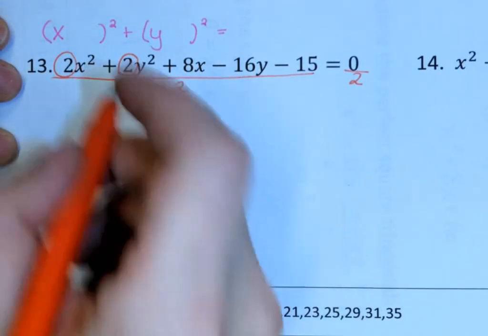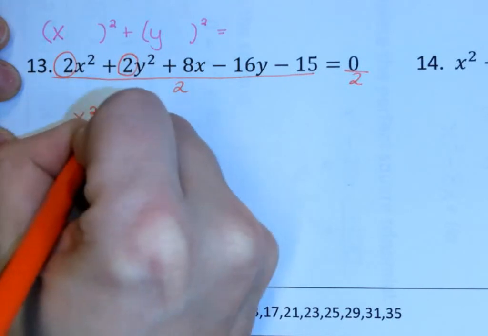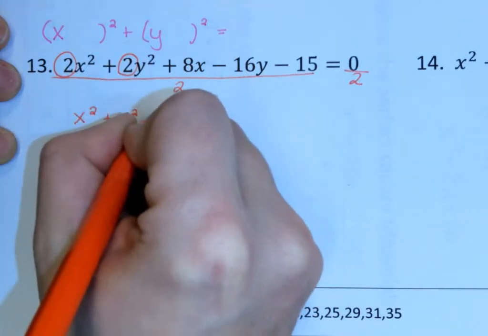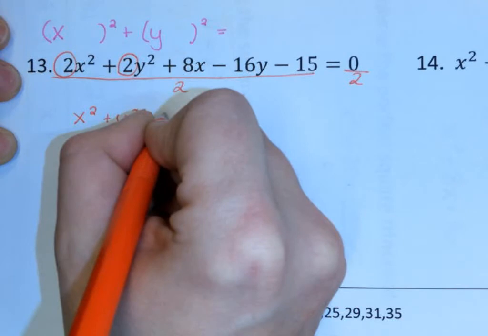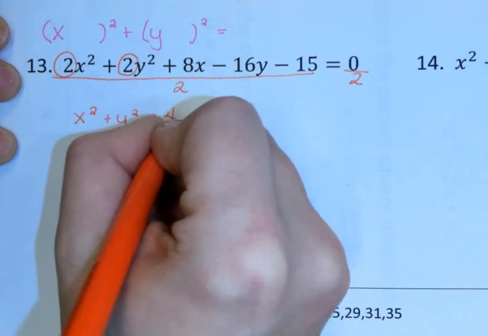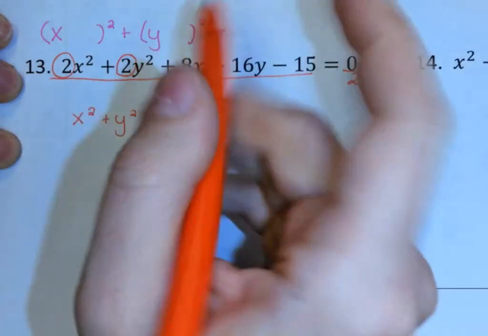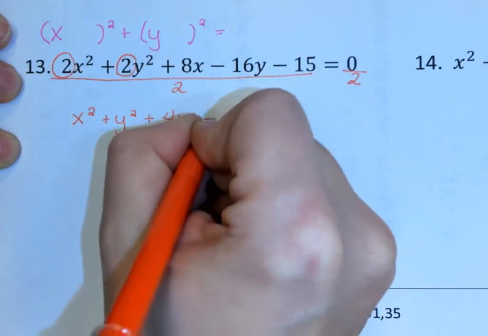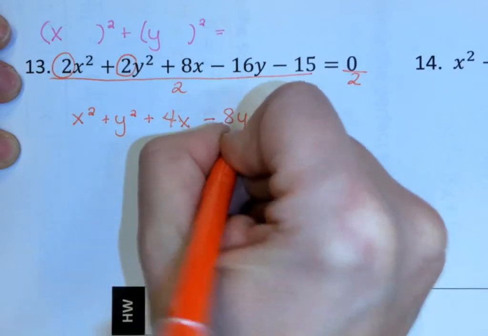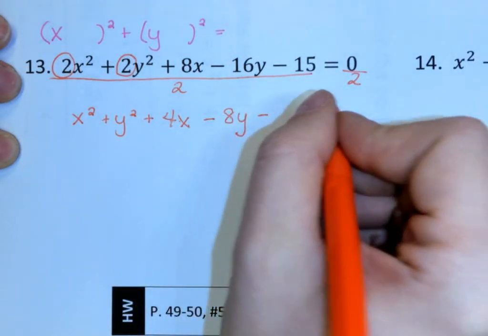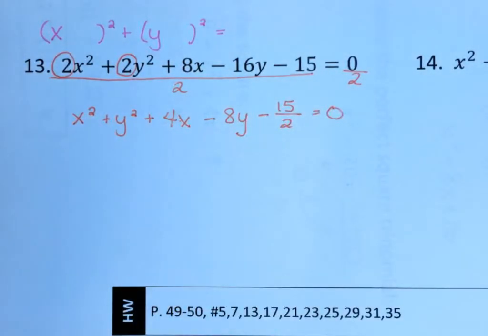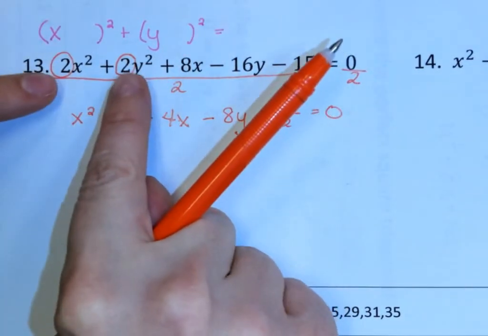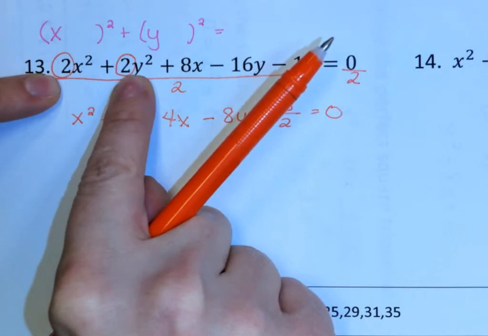And that means I will have x squared plus y squared plus what? 4x minus 8y minus 15 over 2. So, when you see a multiplier and they're the same number, just get rid of it right from the start.